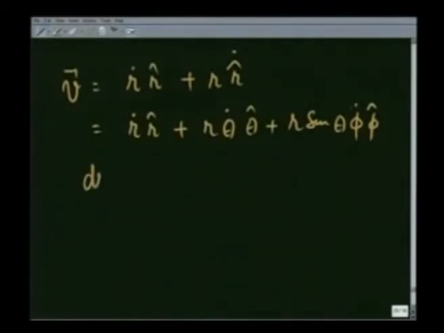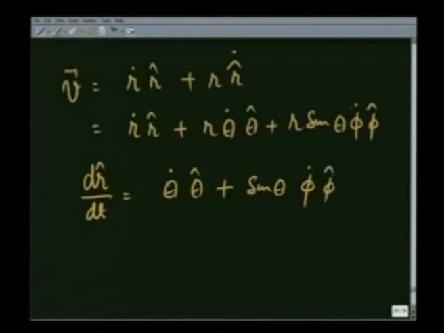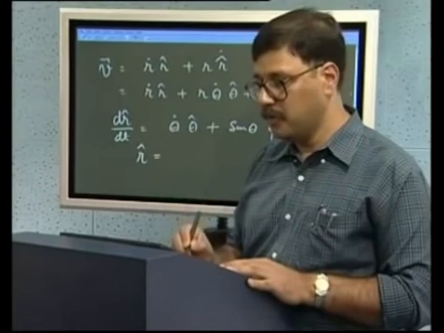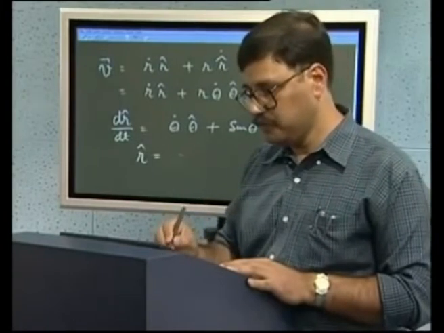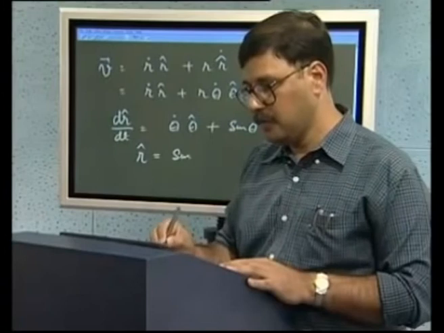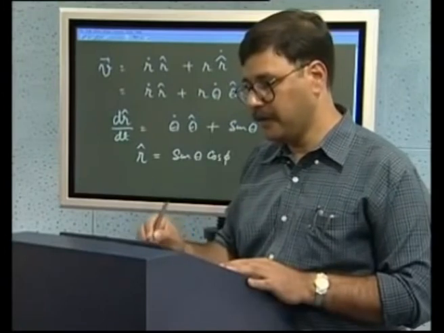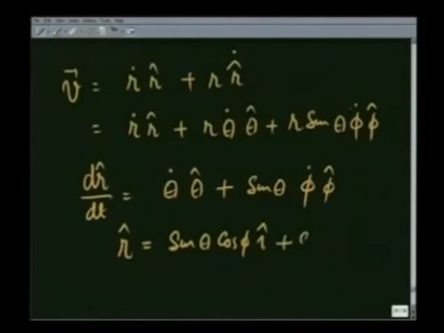Let us see whether this, which we derived to be theta dot theta-hat plus sin theta phi dot phi-hat, can be derived directly from the definition. r was equal to sin theta cosine phi i plus sin theta sin phi j plus cosine of theta k.